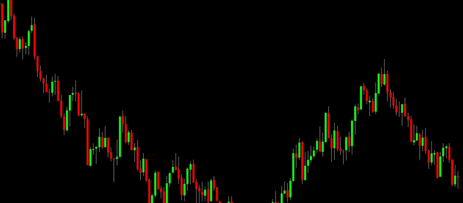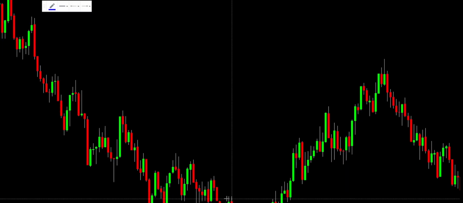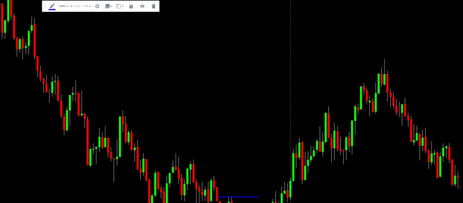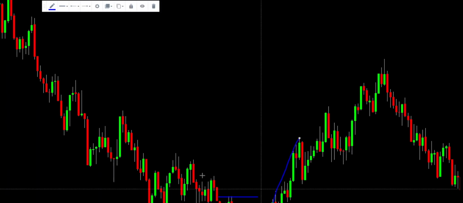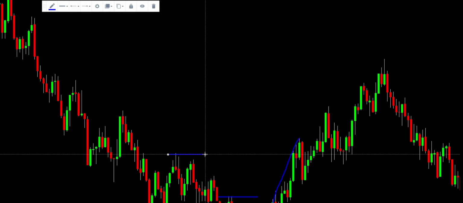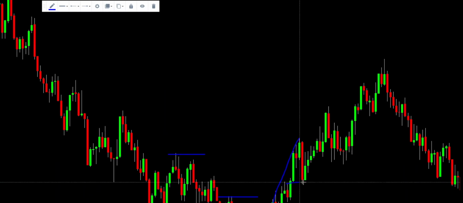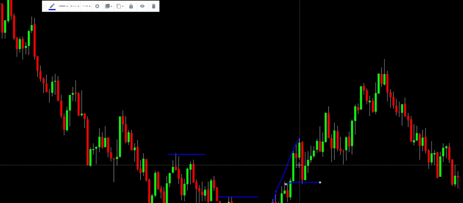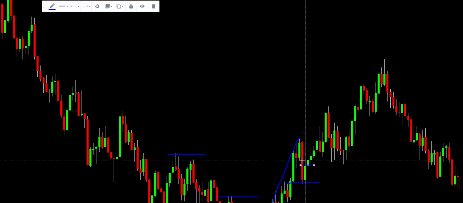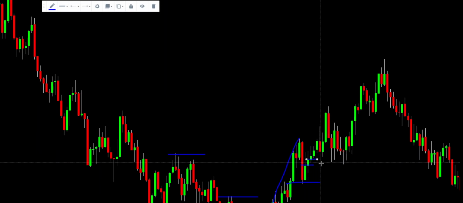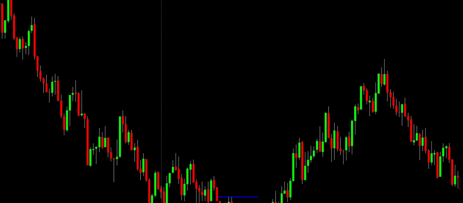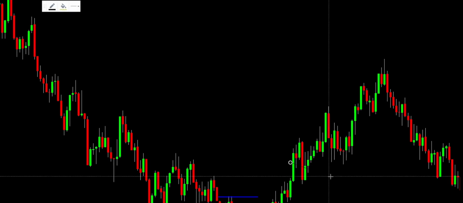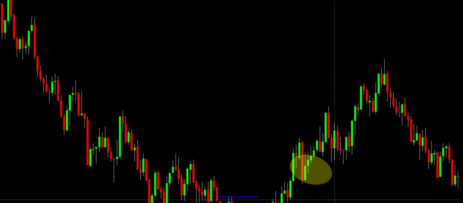You can see this was a lower high, lower low. Price broke above it and also closed above this lower high. There we have this retracement. You cannot enter right there, that's going to be aggressive. But here, guys, right on this move right here is a great opportunity for you to enter the market.